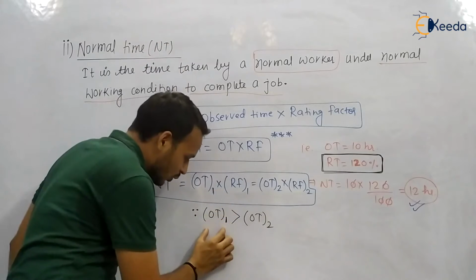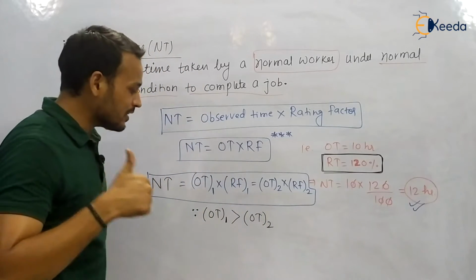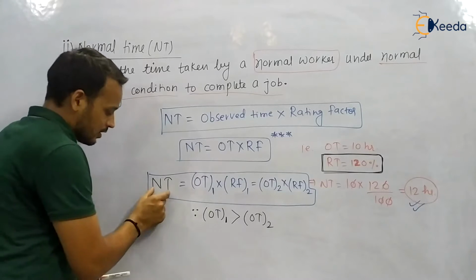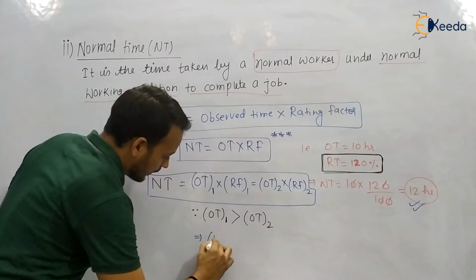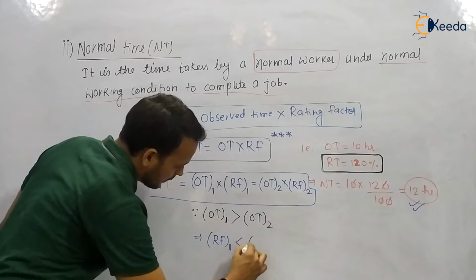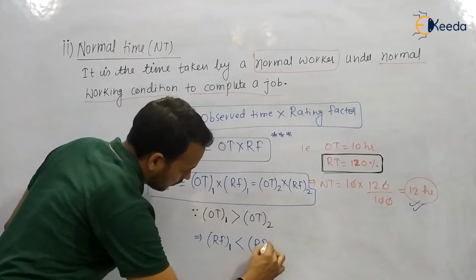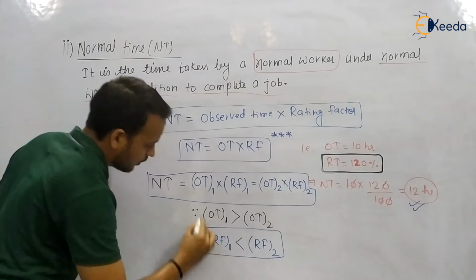Since normal time is going to be equal, this implies that the rating factor of worker 1 will be less than the rating factor of worker 2.